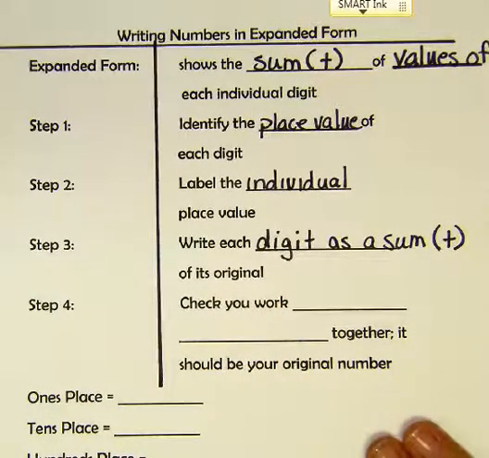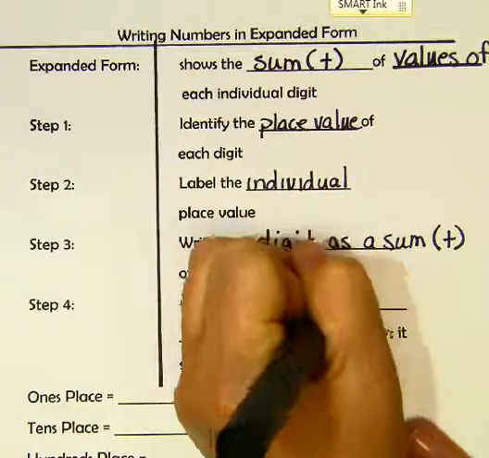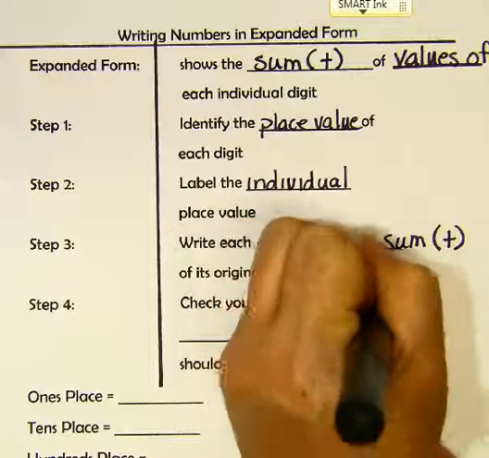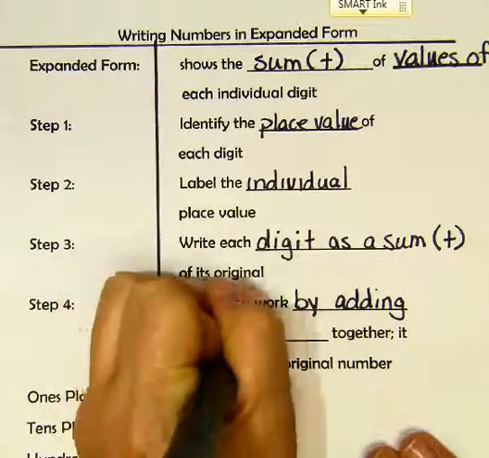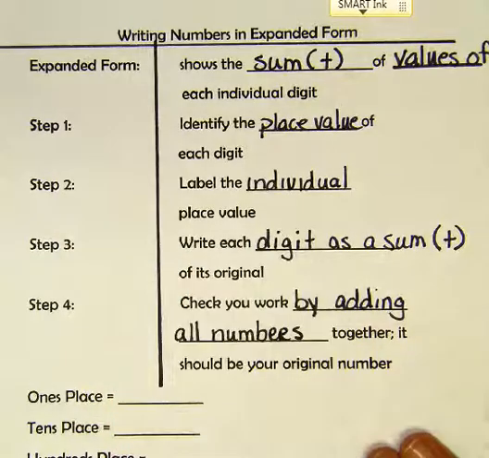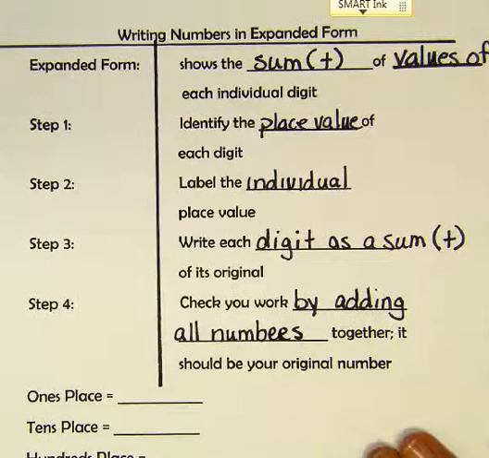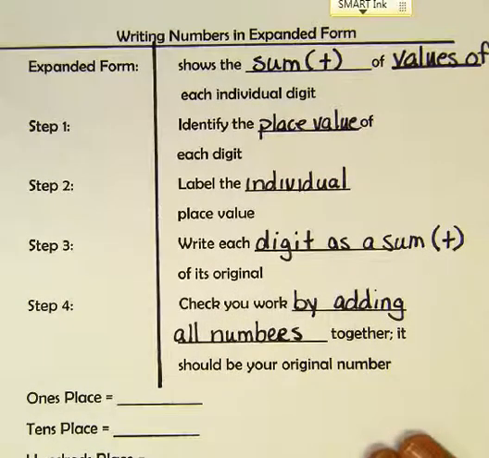Step 4, to check your work by adding all numbers together. And when you add them all together, it should come back to your original number. And again, we'll do some examples on this. So it's always good to get the notes down first so we can always go back and reference them.